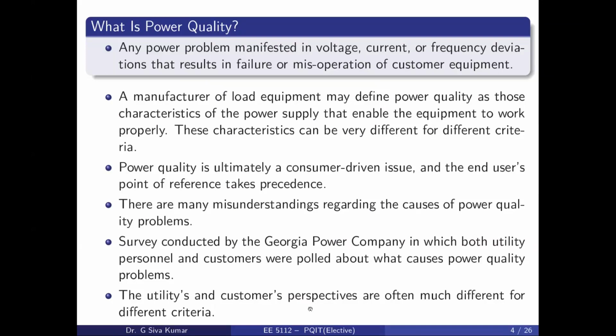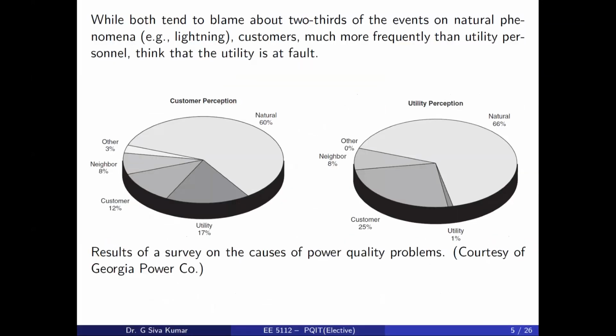Now we will see what the causes of power quality issues are with respect to the customer perception as well as the utility perception, based on the Georgia Power Company survey. With respect to the customer perception, we have issues raised because of natural occurrences.